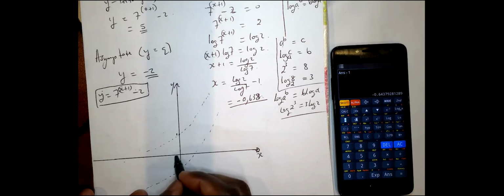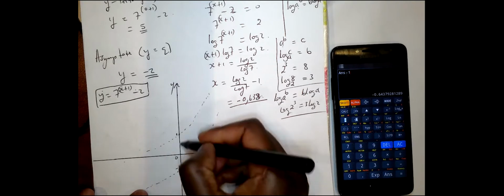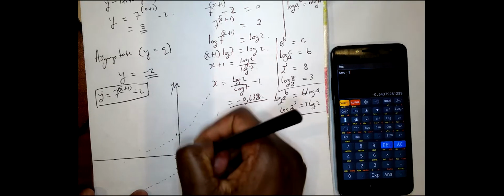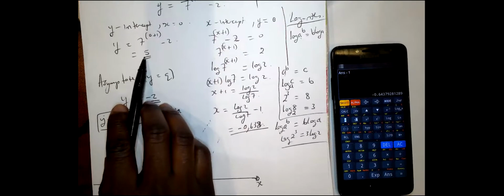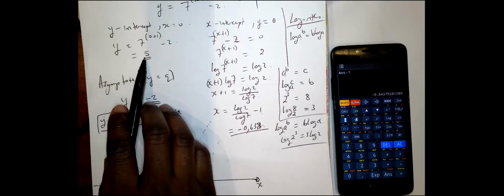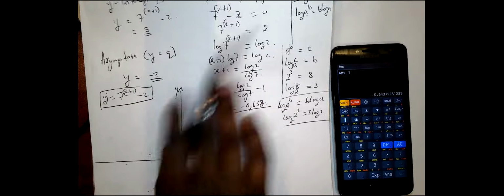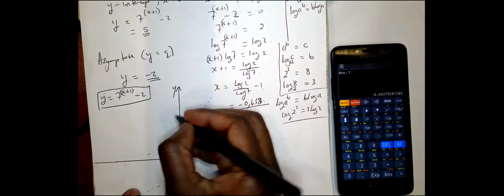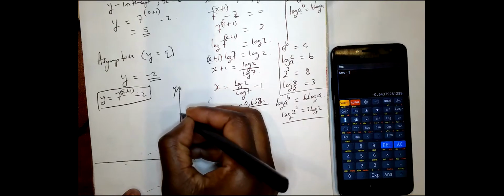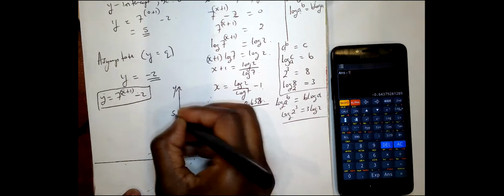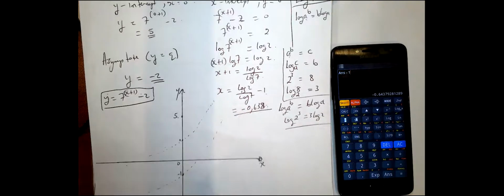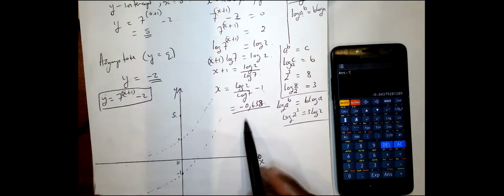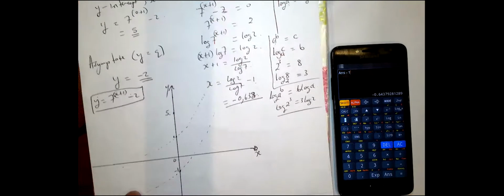By moving this side, it's actually changing the y-intercept. That's why we have put our y as 5. So we'll put our 5 there. Then our asymptote, we said our asymptote is -2.